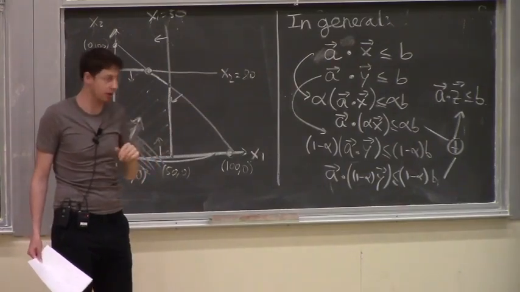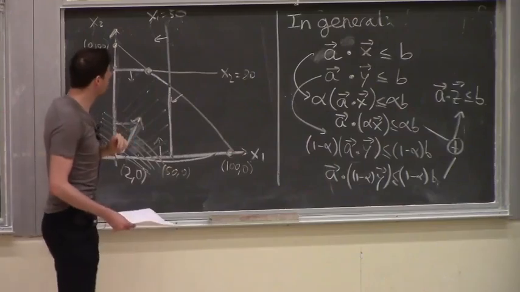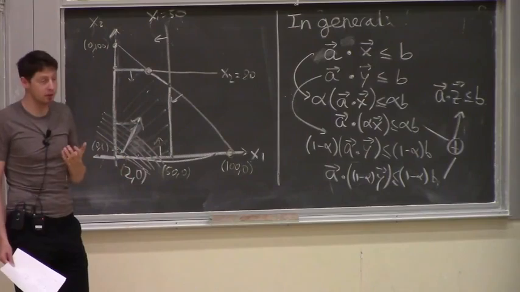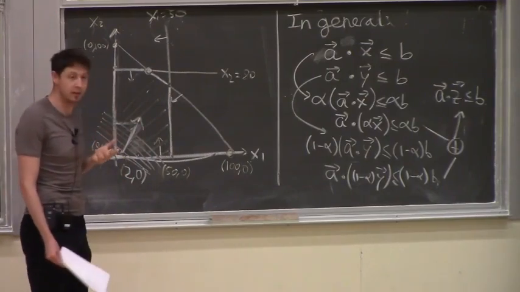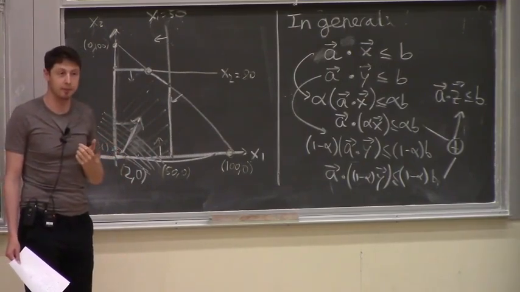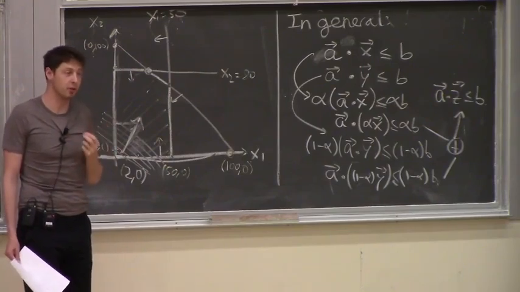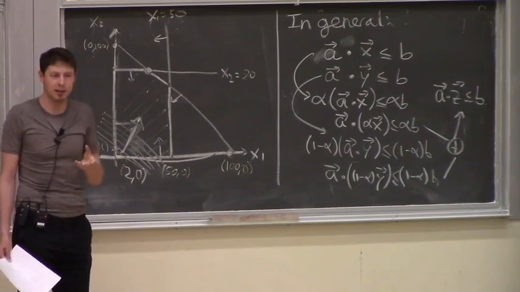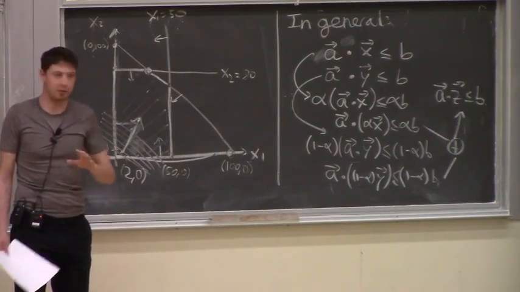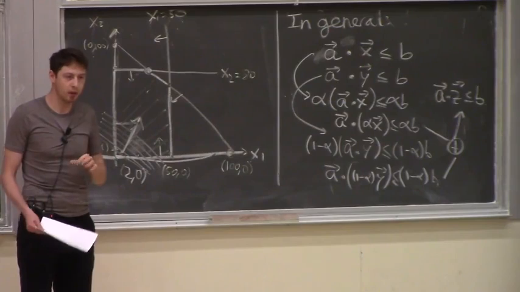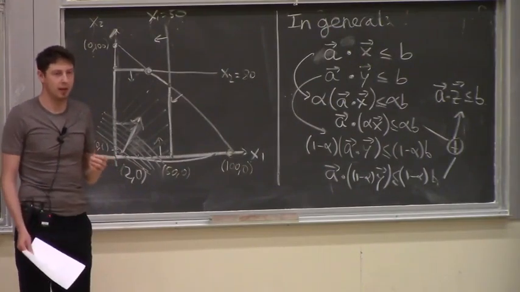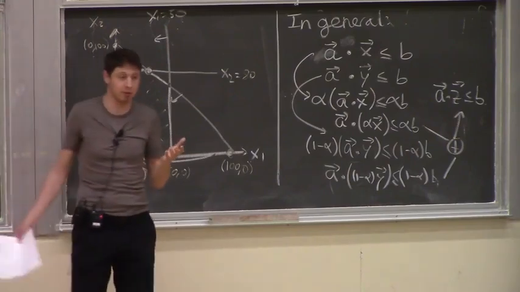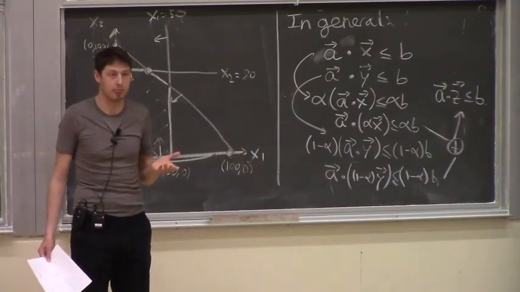I see people shaking their head. That's good. Wait, so what? Fine, it's convex. Well, it turns out that thinking about it as a convex set is an important insight to come up with algorithms. Because what is our best algorithm so far in general? We haven't really talked about it, but if all I told you was here's a linear program, please solve it, in the general case, what would you do?